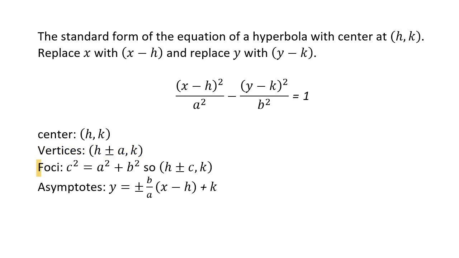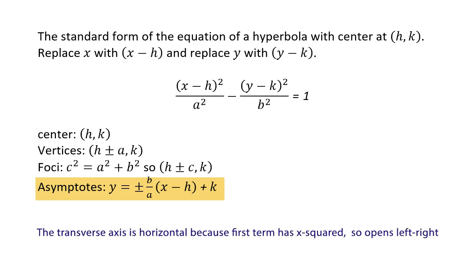For the foci, c squared equals a squared plus b squared. So the points of the foci are h plus or minus c, and then the y value is k. The asymptotes are the lines y equals plus or minus b over a, multiplied by (x minus h), plus k. The transverse axis is horizontal, and the hyperbola opens left and right.